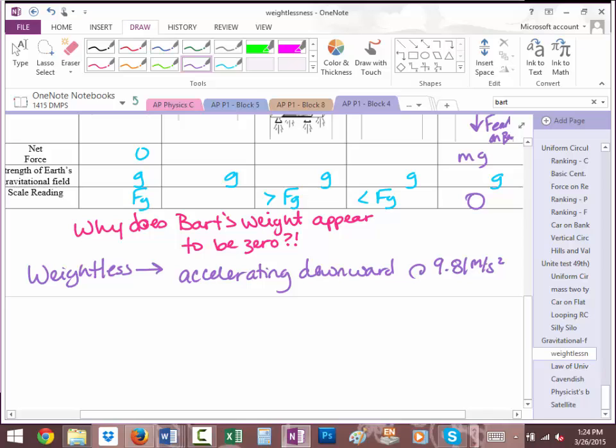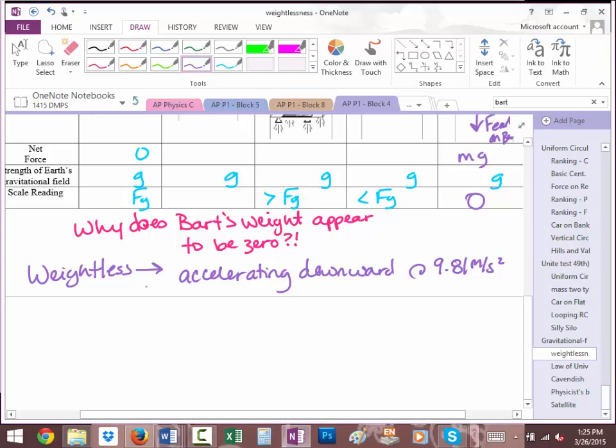And what else? How are you measuring your weight? What do you use to measure your weight? A scale. What does the scale have to be doing too if you're measuring a 0 weight? Accelerating downward at 9.81. Right. Does that make sense? Yeah.